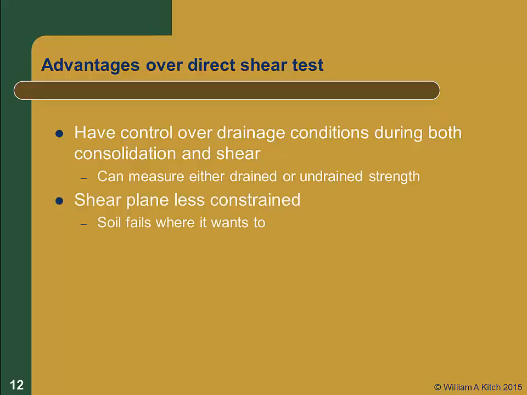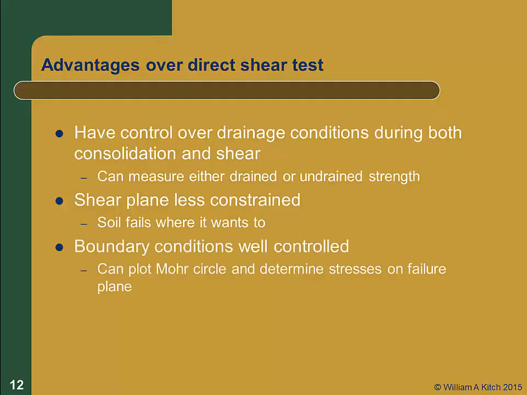This gives us a more realistic failure surface and a better measure of the strength of a soil. The boundary conditions are controlled and known. This allows us to plot complete Mohr circles and determine the stresses on the failure plane. Finally, we can measure both axial and volumetric strains during the test, which allows us to measure the stress-strain properties of the soil.